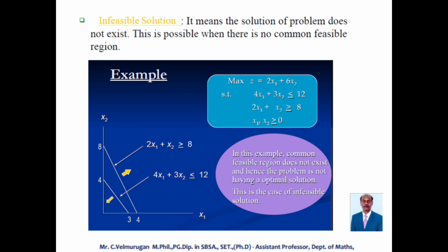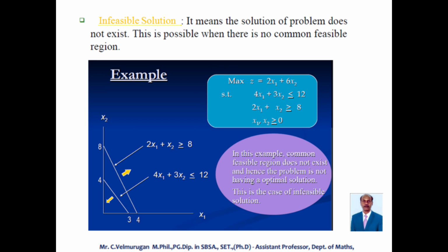So in this example we conclude that the common feasible region does not exist, and hence the problem does not have an optimal solution. This is the case of an infeasible solution.